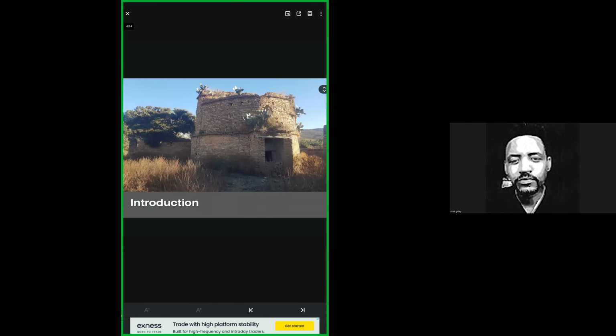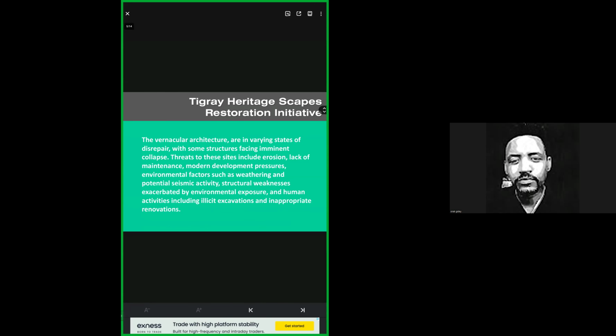For the introduction, in the Tigray HeritageScape Restoration Initiative, the vernacular architecture in Tigray is in a state of despair, with some structures facing imminent collapse. Threats to this site include erosion, lack of maintenance, and modern development pressures, and environmental factors such as weathering, exacerbated by environmental exposure and human activities, including illicit excavations and inappropriate renovations.